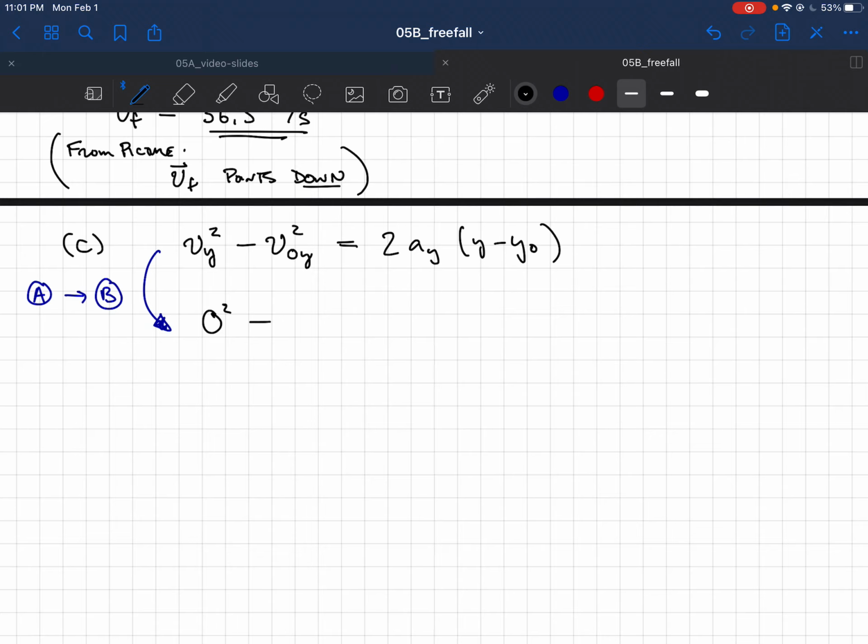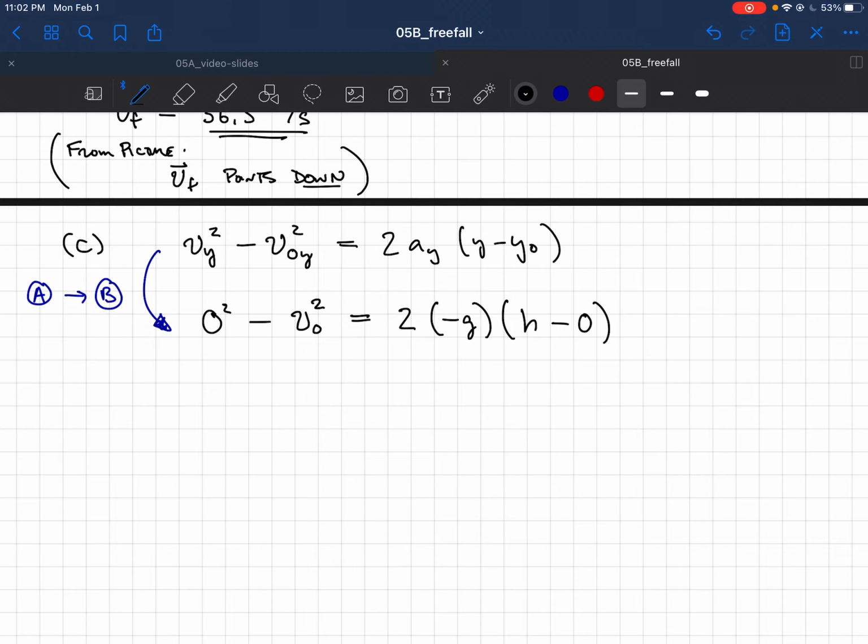The initial velocity, we found that already. It's going to be a positive y component, and here we have to square it. Then we have the acceleration in the y. We haven't changed our coordinate system, so that's still minus g. And then final minus initial position, well, we called the final position little h, and we called the initial position the origin. So our equation looks like this.